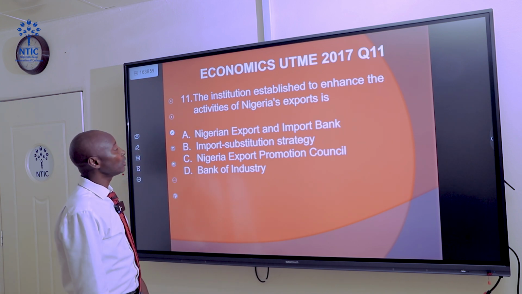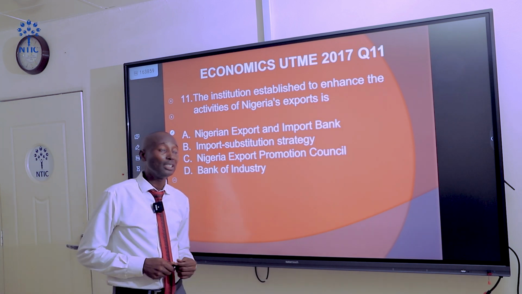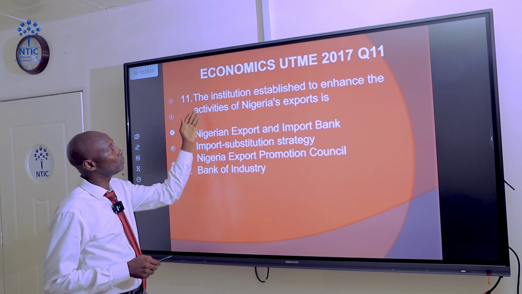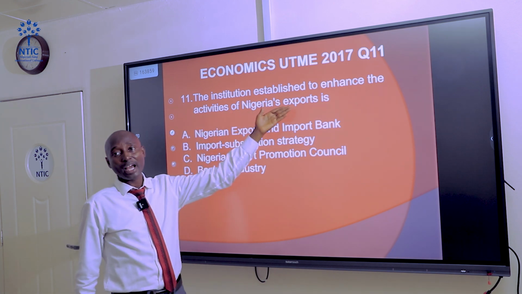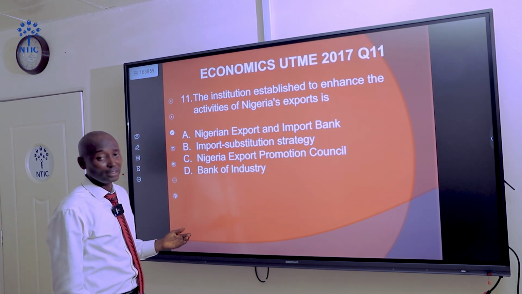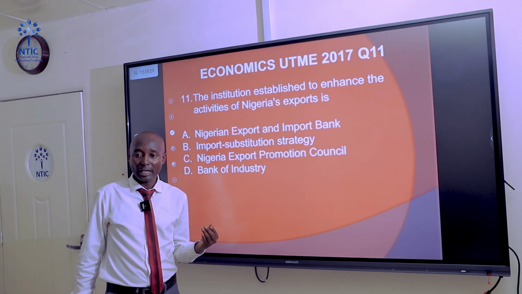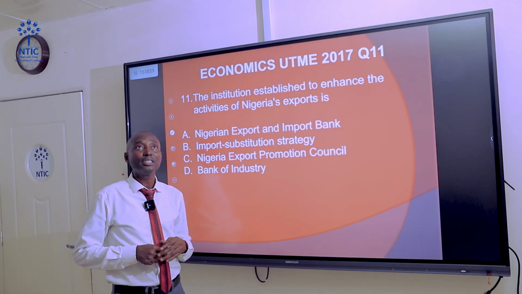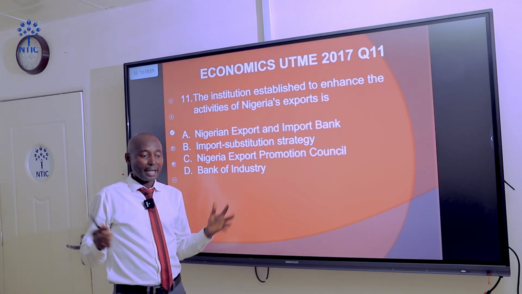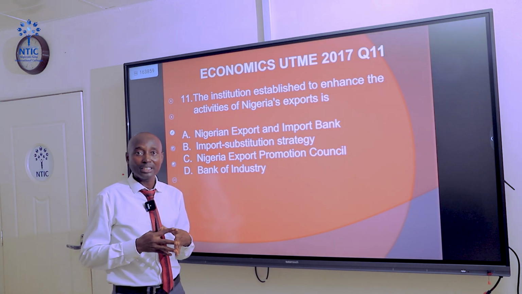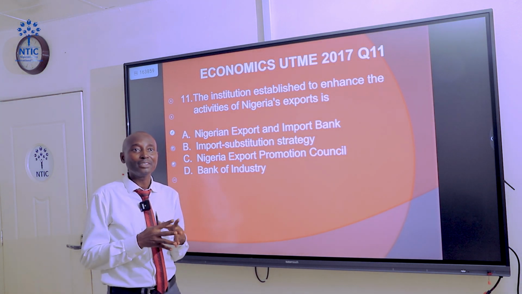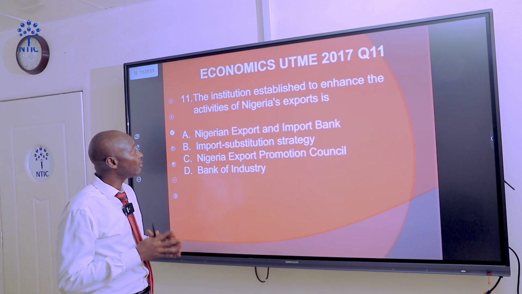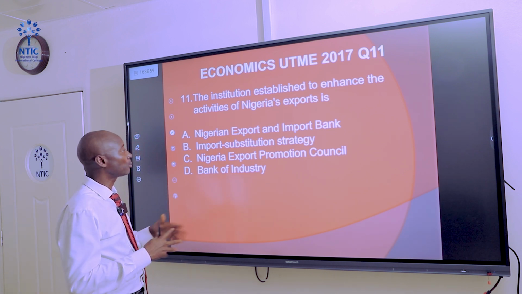Let's move to question 11 of the same 2017 UTME. The institution established to enhance the activities of Nigeria's export. We have in Nigeria a government institution that is shouldered with the responsibility of gathering the exporters, educating them, and providing necessary assistance for them in order to have a safe trip for their export products.